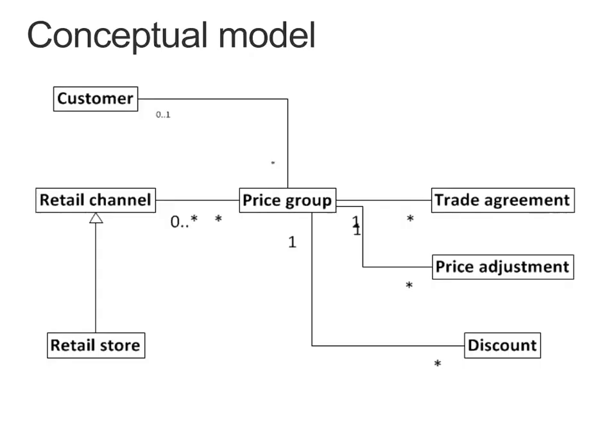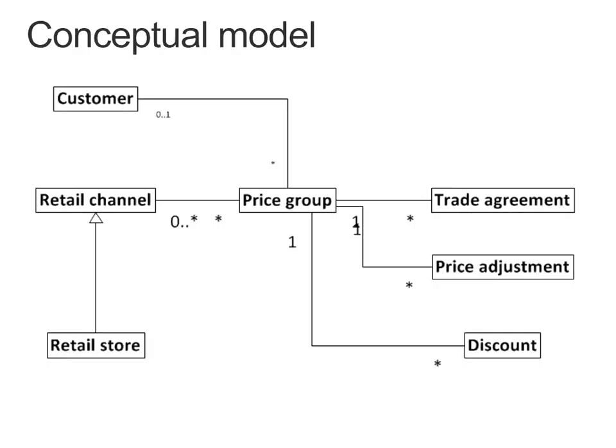And then this price group, like in AX, uses all the trade agreements: the sales price, line discount, multi-line discount, and total discounts. These are assigned to the price group. The retail-specific functionality is around the price adjustments, and the actual discounts that are assigned to this price group as well.